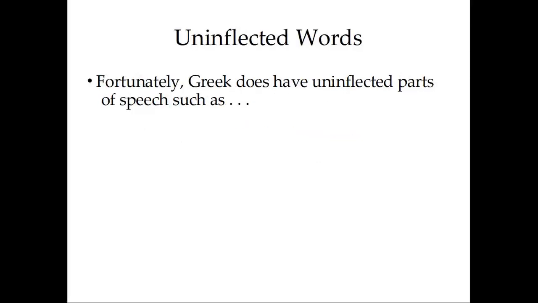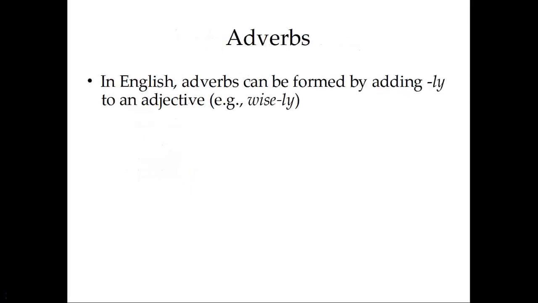Uninflected words. Fortunately, Greek does have uninflected parts of speech, such as adverbs, particles, and prepositions. We'll talk about each of these in turn. In English, adverbs can be formed by adding ly to an adjective. For instance, wisely: wise, the adjective, and this ly suffix, which changes that adjective into an adverb.